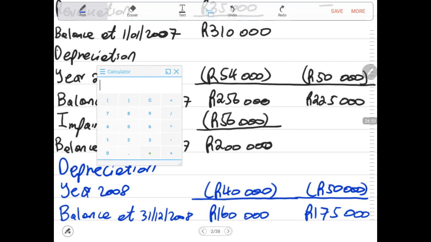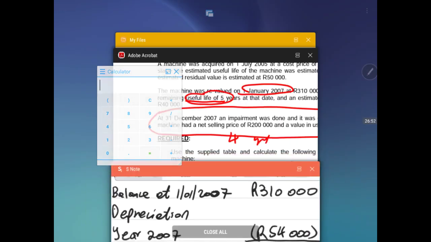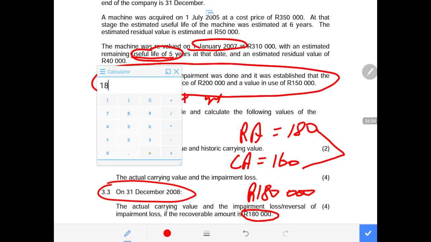Do you see that? Because our RA is 180,000 rands. Our carrying amount is 160,000. Then if we say 160 minus 180, we get 20,000.